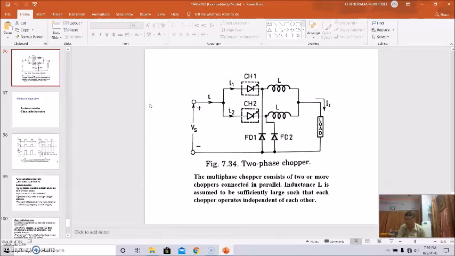This type of operation enables the load and the power supply to be subjected to an effective frequency which is a multiple of the chopping frequency, and as a result the supply harmonic current is reduced and the ripple amplitude decreases. This is the circuit for a two-phase chopper.